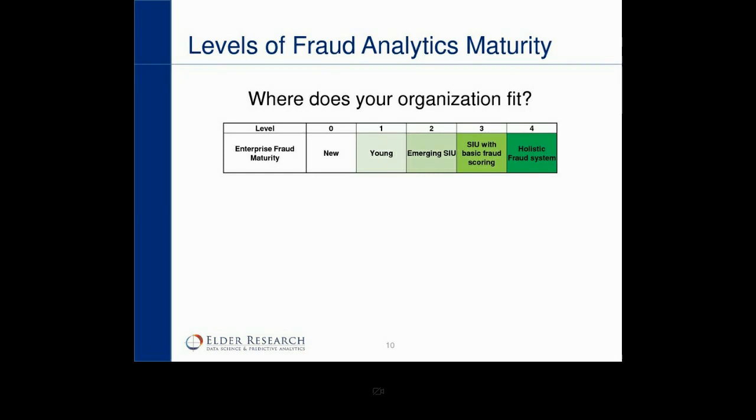And essentially, you have a rules-based framework. Now, maybe you've empowered your SIU with predictive fraud models and fraud scoring to help the investigations and really triage the entire process. Finally, you may have a fully developed fraud framework to combat existing and emerging fraud types.